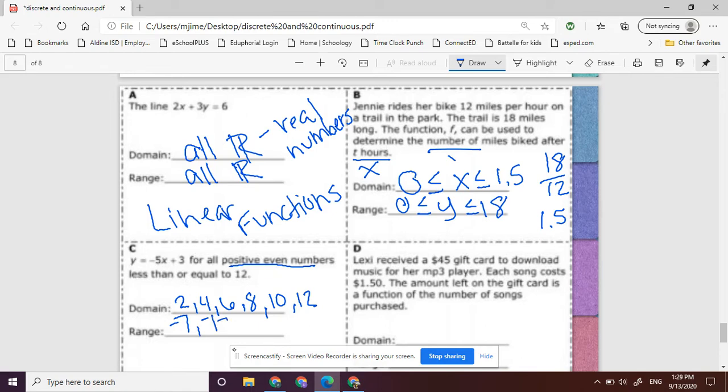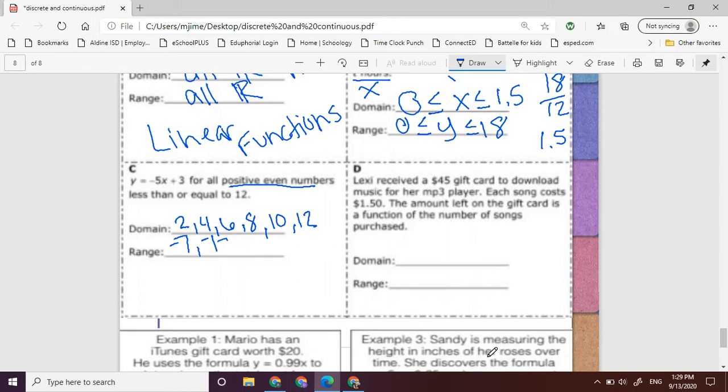Oh, why is it not letting me write? Maybe I need to move this up a little bit. Okay, negative 17. There you go.